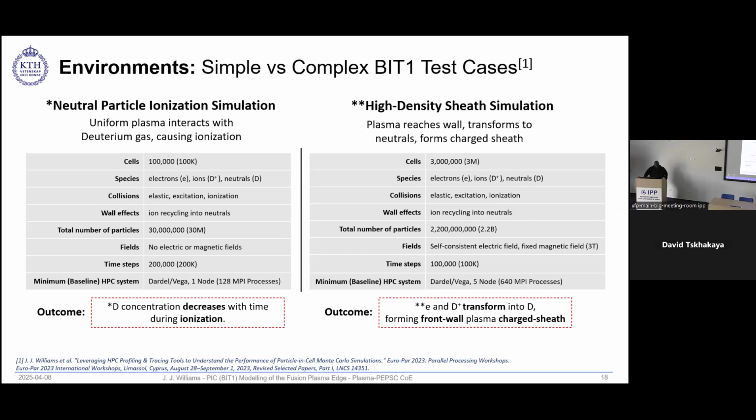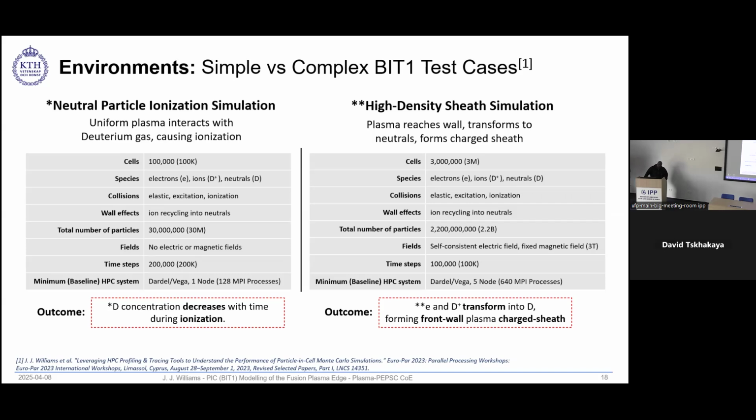The minimum HPC system is 1 node for the ionization test, and then it's 5 nodes for this sheath case. And that's because of how much memory and process storage is taken. You see the total number of particles is 2.2 billion, and the cells are 3 million.